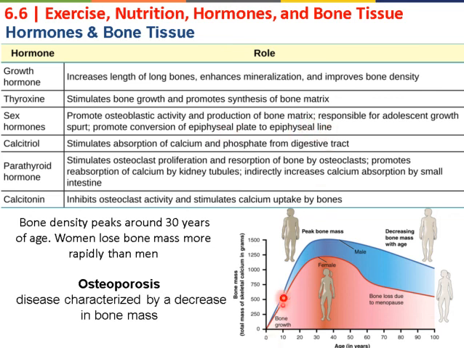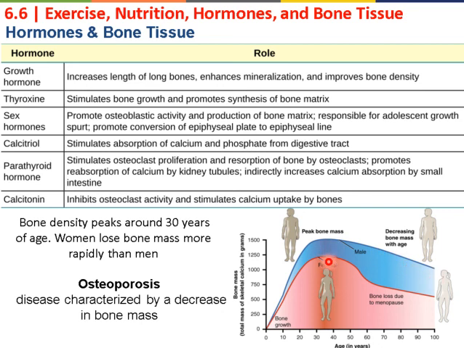Now let's look at this graph. We could see how these sex hormones act. We would like to know that the bone growth increases gradually from birth up to the age of 30, where it reaches the peak. Then after the age of 30, it starts to decrease gradually.